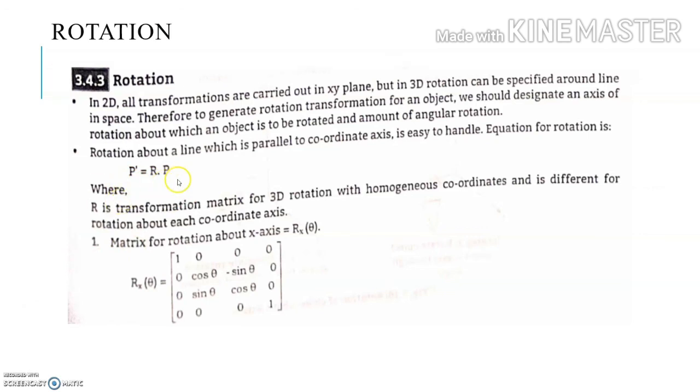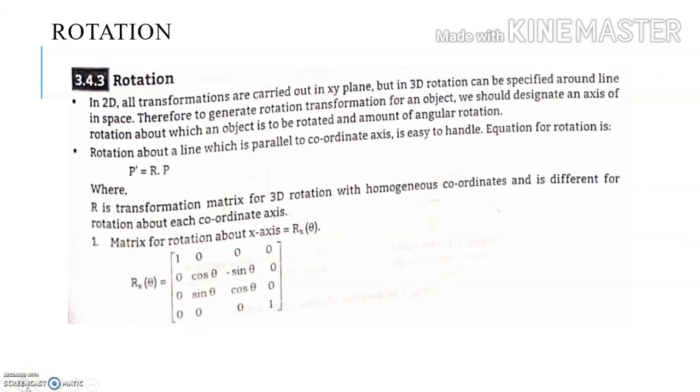In this equation, R is the transformation matrix for 3D rotation with homogeneous coordinates and is different for rotation about each coordinate axis. First, we will see the matrix for rotation about the x-axis, R of x theta. This is the formula for rotation about the x-axis.